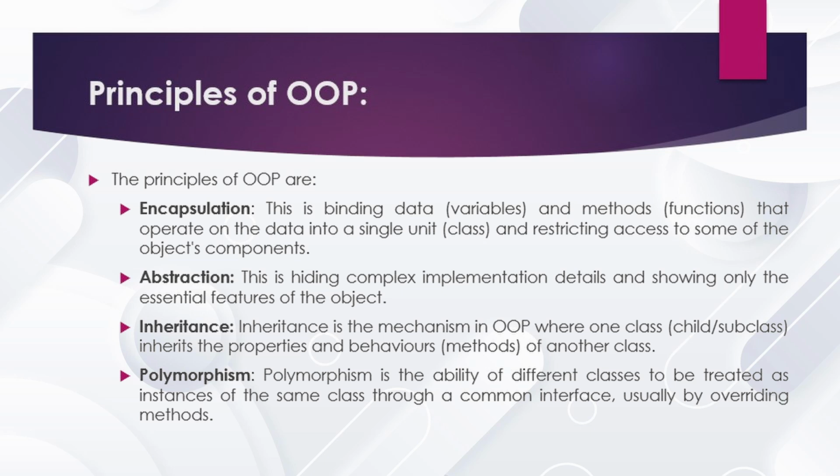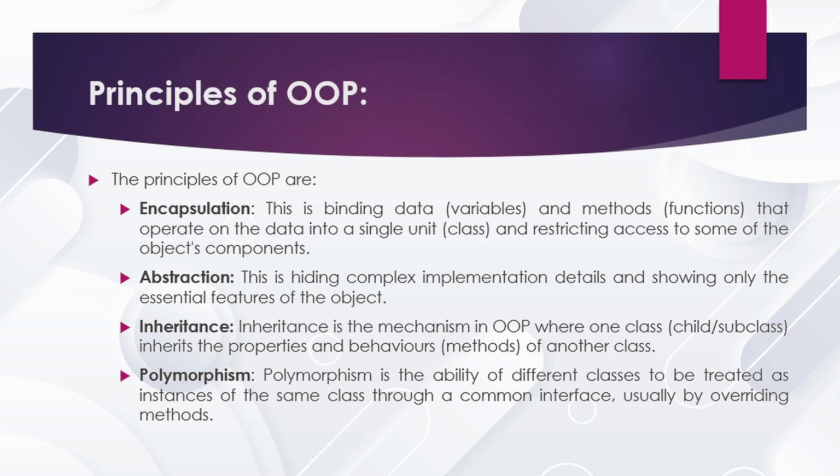Polymorphism is the ability of different classes to be treated as instances of the same class through a common interface, usually by overriding methods. This is done to perform a single action in different ways. We will explore inheritance in detail in this video lecture.